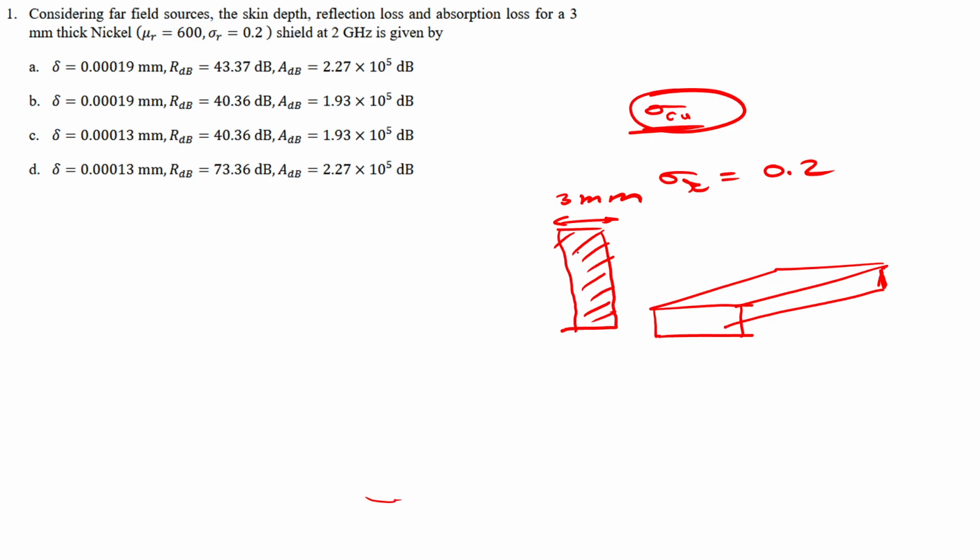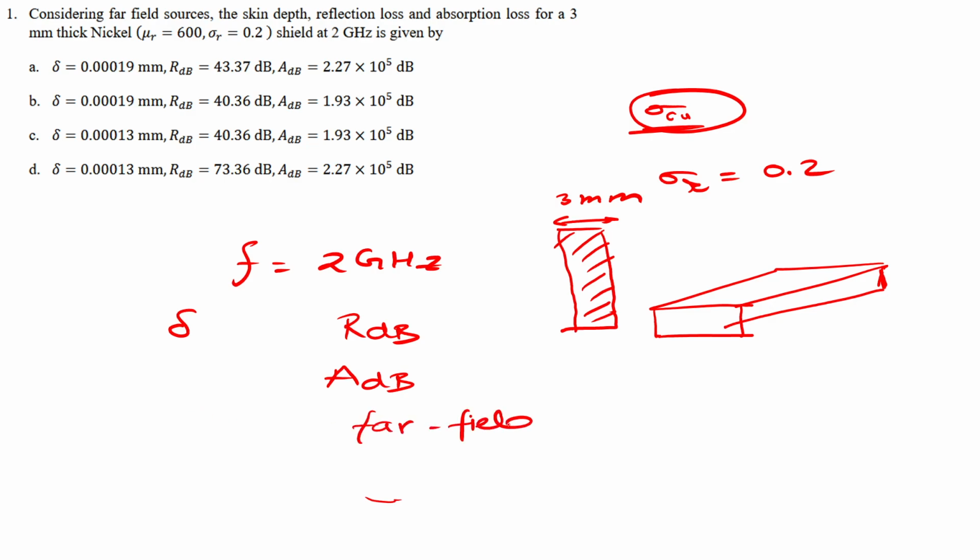Means the metal sheet thickness is 3 millimeters, and we have to find, at the frequency 2 gigahertz, the skin depth delta, reflection loss RdB, and absorption loss AdB. All of these are for far field. So I hope the question is clear.